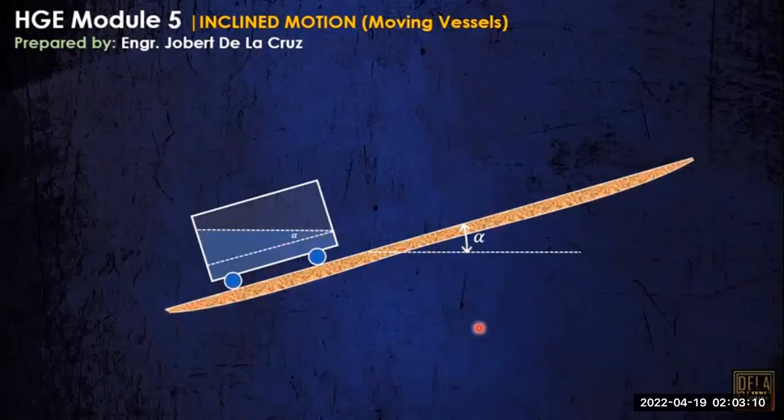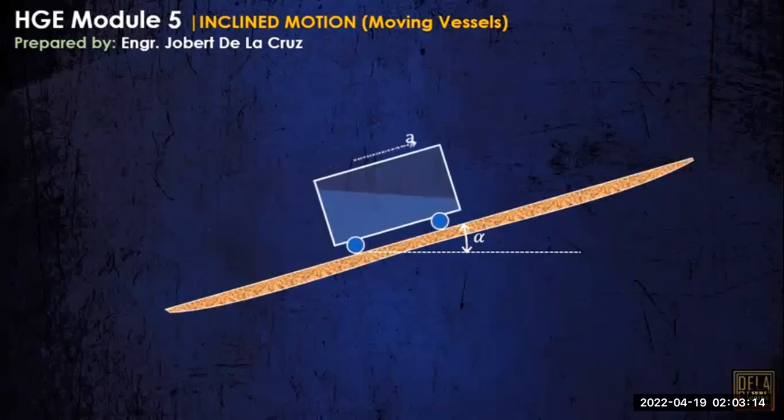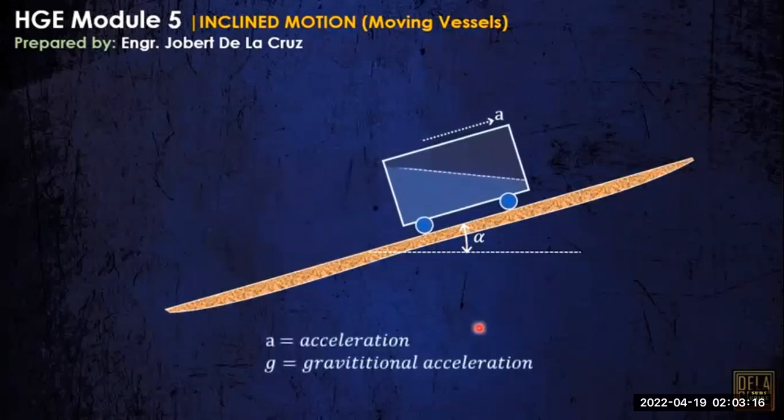Now, if it will move with a constant acceleration A along that straight path, then we can calculate the angle theta dyan. Magbabago yung orientation niya or yung inclination. Of course, if that will move because of the reverse effective force, magkakaroon yan ng change in inclination.